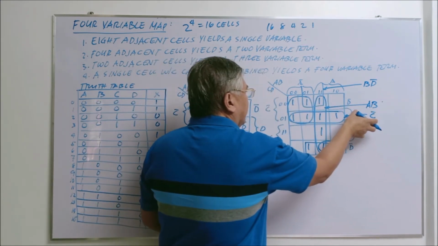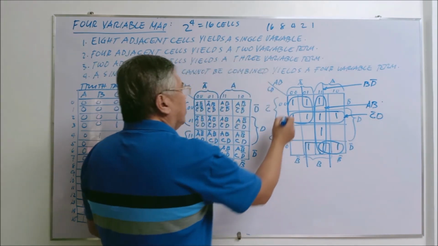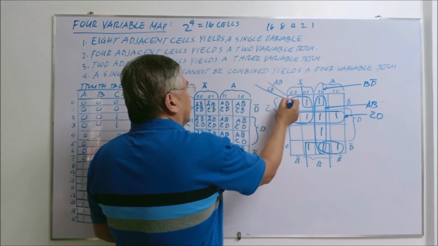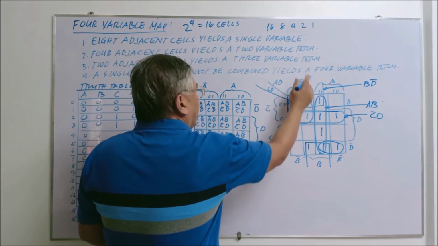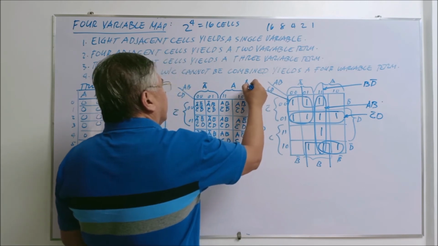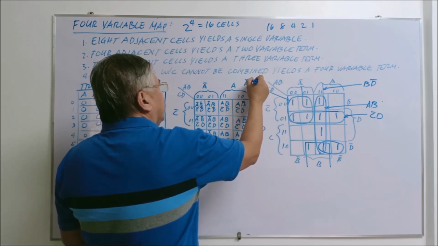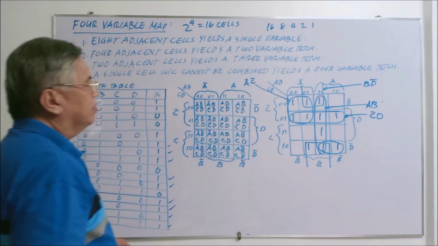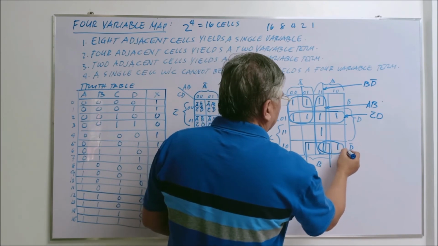At the same time belongs to D. Okay? How about this one? The square. This belongs to A bar. And at the same time belongs to C bar.